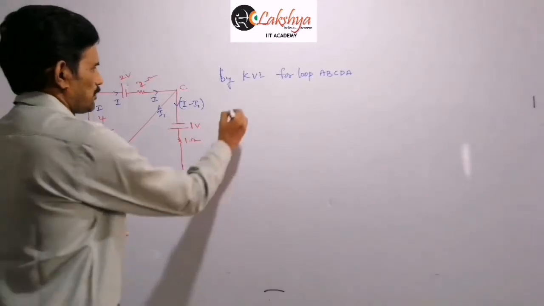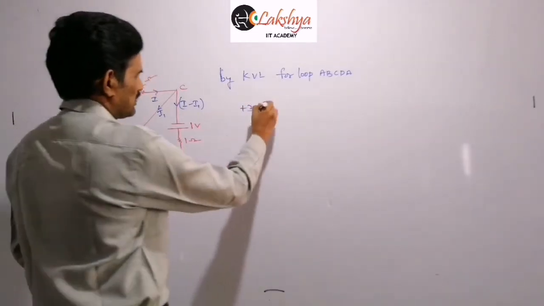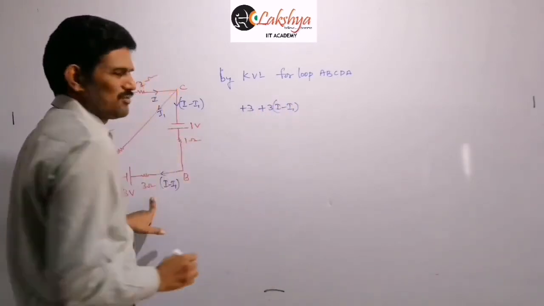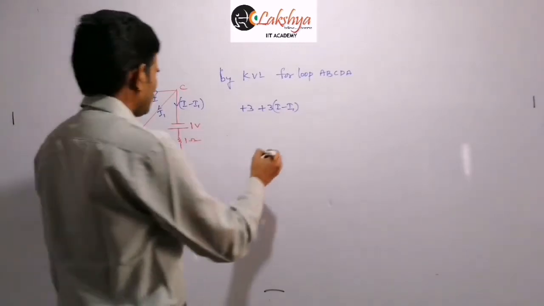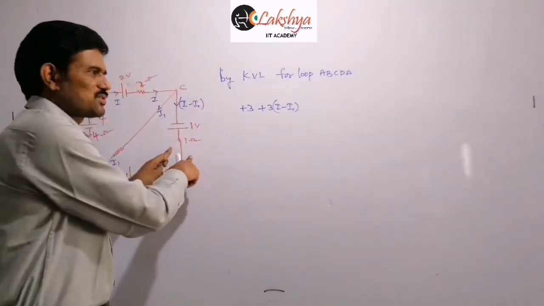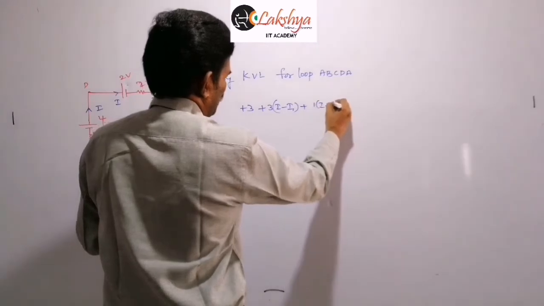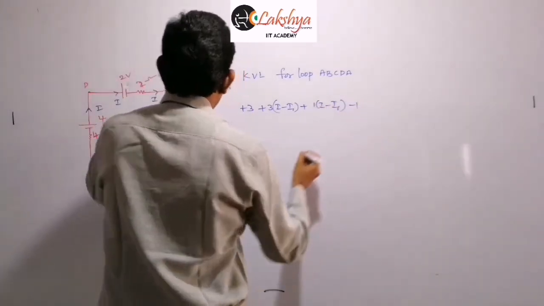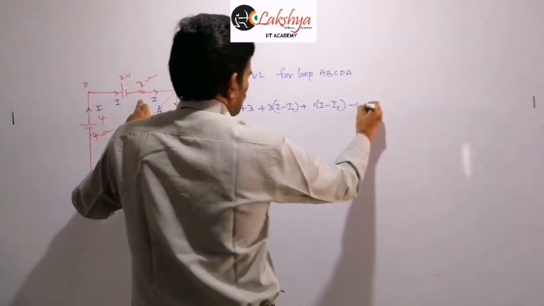So it is plus 3, and then plus 3 into I minus I1. Now you can solve yourself, because you know the application of the Kirchhoff law, and here also we are traveling opposite to the current. So it is plus 1 into I minus I1, and this is minus 1, and next here also we are traveling opposite to the current.